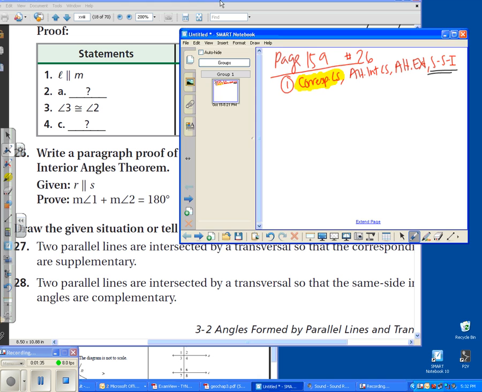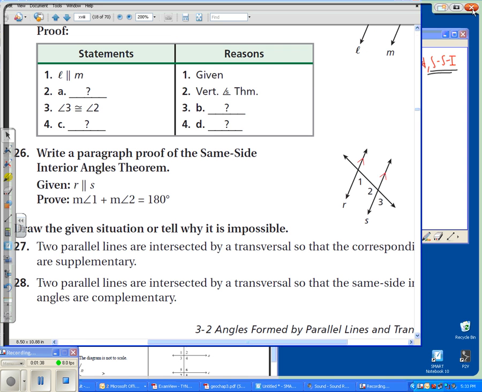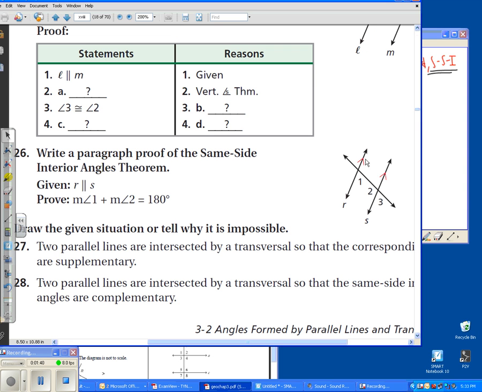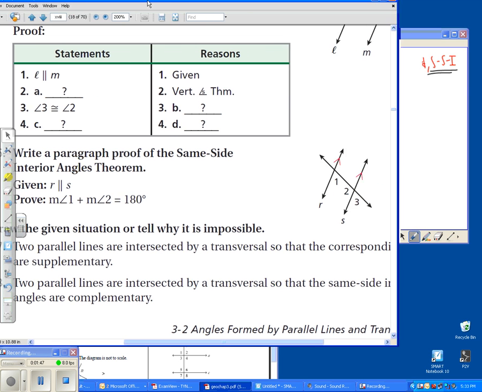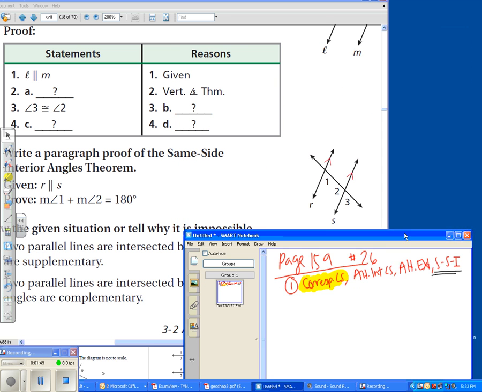So let's see. Given R is parallel to S, so that's what these arrows indicate, I want you to prove that measure of angle 1 plus measure of angle 2 equals 180 degrees. So we can start off with our given. I'm going to put this right down here.